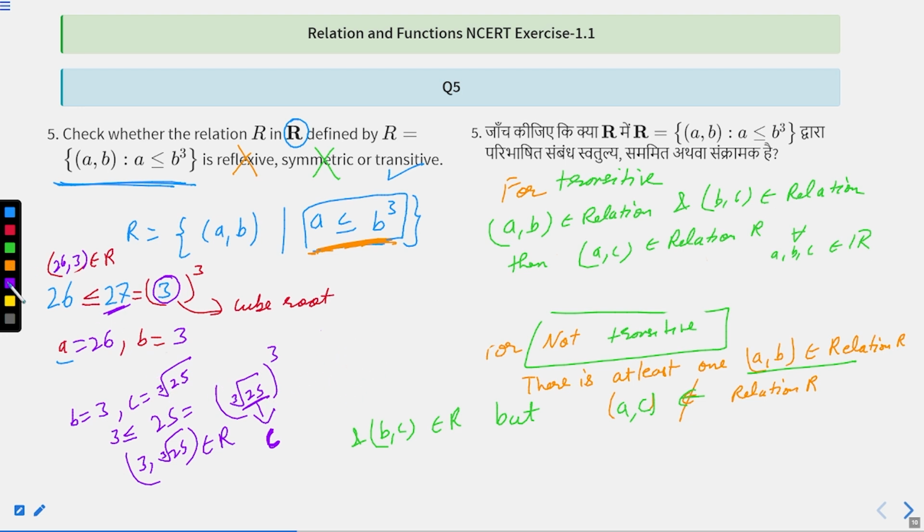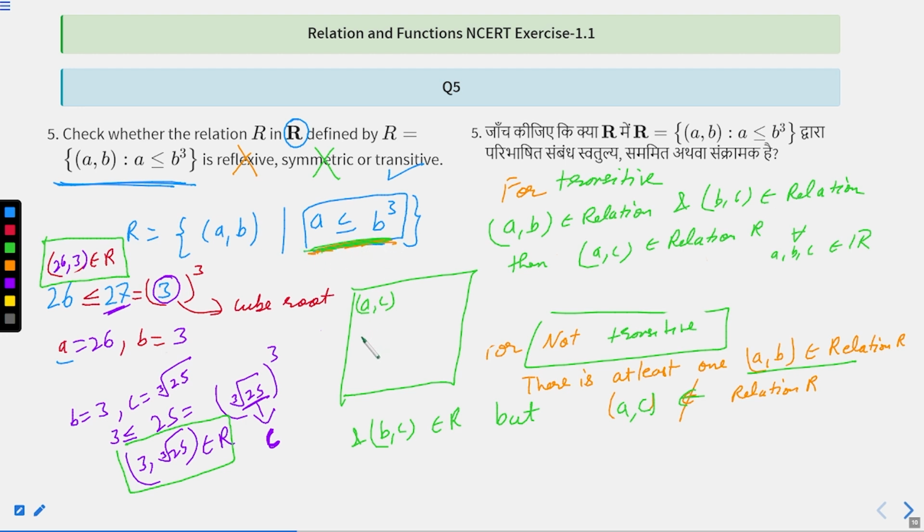So we have (a, b) belongs to R, (b, c) belongs to R. If you try to see (a, c), does it follow this?